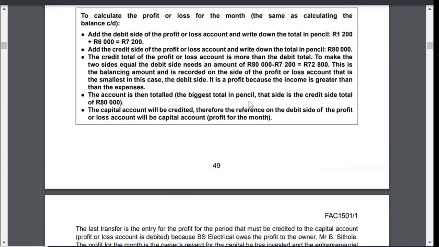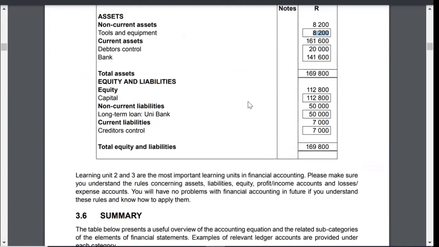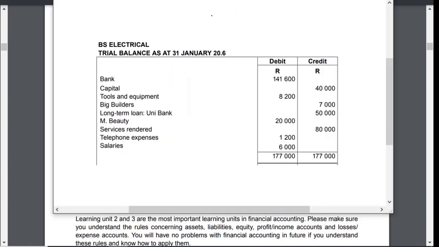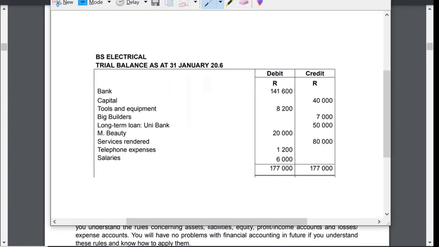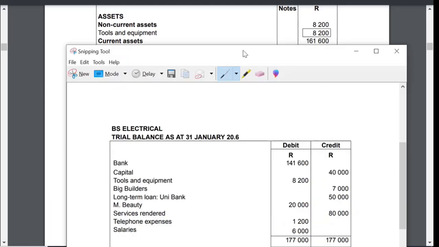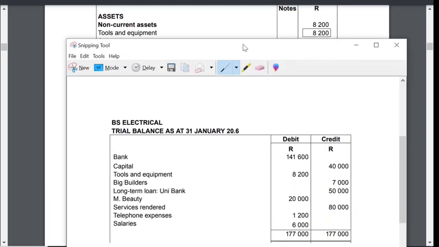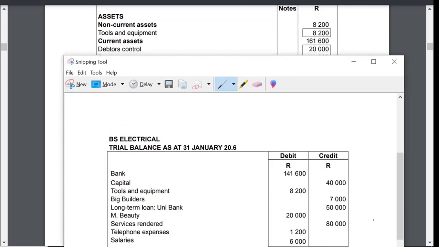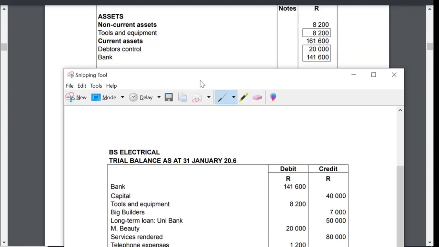All the figures here come from your trial balance. Tools and equipment, let's look at tools and equipment. Tools and equipment, 8,200, can you see, comes from your trial balance? Debtors control, M-Beauty, that's your debtor, 20,000.